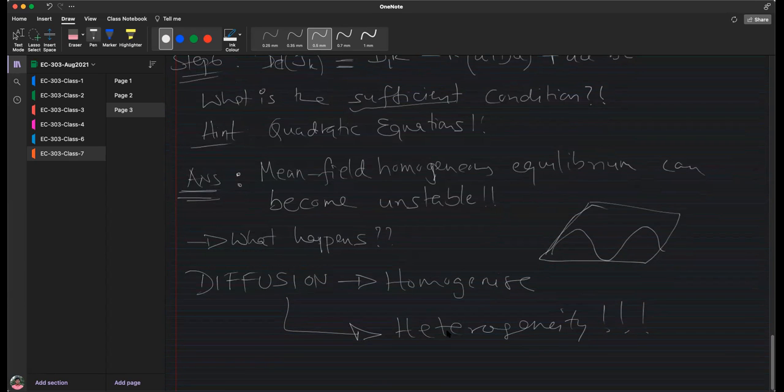When we think of diffusion, for example, think of ink being dropped in a cup. Slowly things diffuse, or any simple diffusion process you can think of. We always think of diffusion as homogenizing, right? But the fact that diffusion can somehow make heterogeneity, actually can enhance heterogeneity, is very counterintuitive.